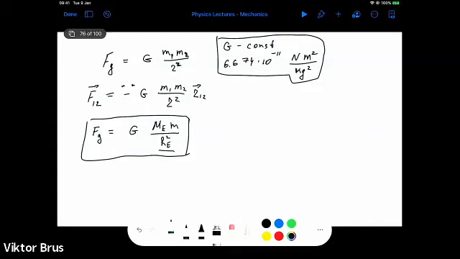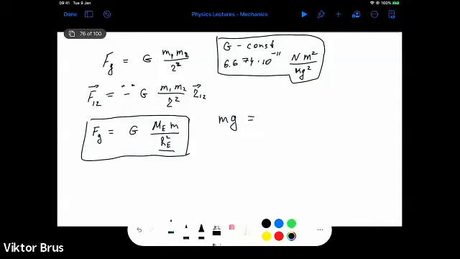From previous material, we know that weight is defined as the product of mass and g, the acceleration of free fall. So this weight is nothing else but the gravitational force which acts on bodies on the surface of the Earth.